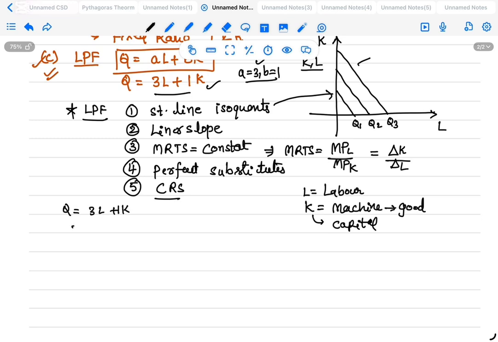That is 3 workers plus 1 unit of machine. 3 workers plus 1 unit of machine will complete 1 unit of output, and this output is constant.